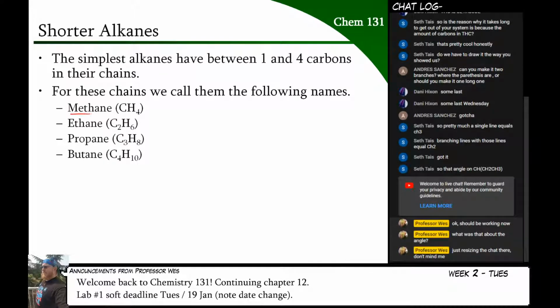So, for instance, we have methane, where meth means 1 carbon. We've got ethane, where eth means 2 carbons. Propane is 3 carbons, and then butane is 4. So propyl and butyl will be 3 and 4. You're going to see that later on.